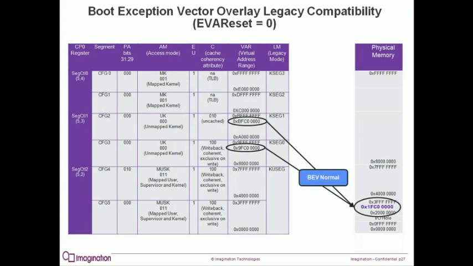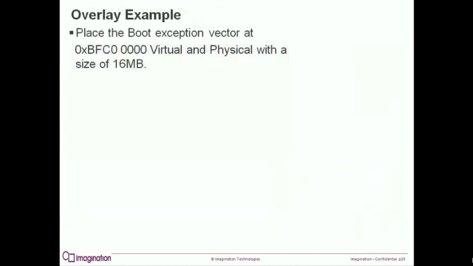I'll go through what you would see in the registers if the core is set up at build time to boot in EVA mode with a boot exception vector at BFC00000 both for the virtual and physical address, instead of the physical address of 1FC00000, with a 16 megabyte overlay size.